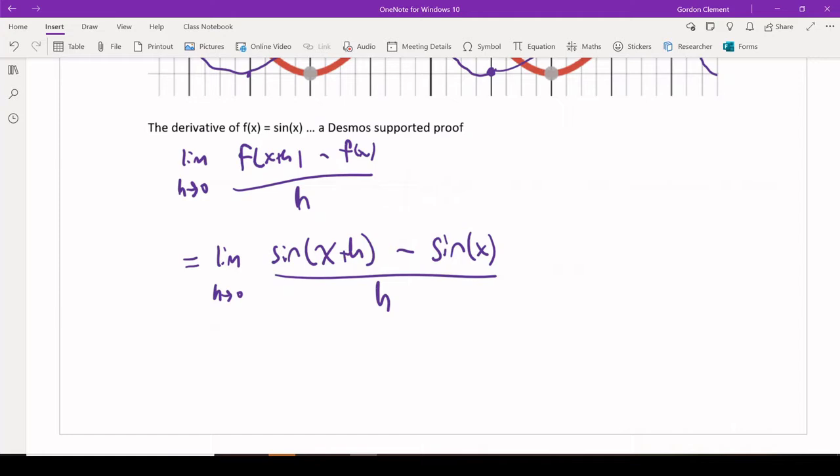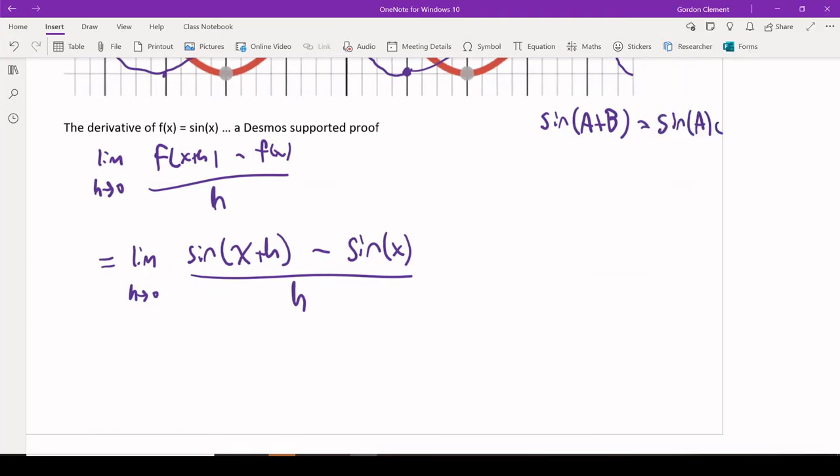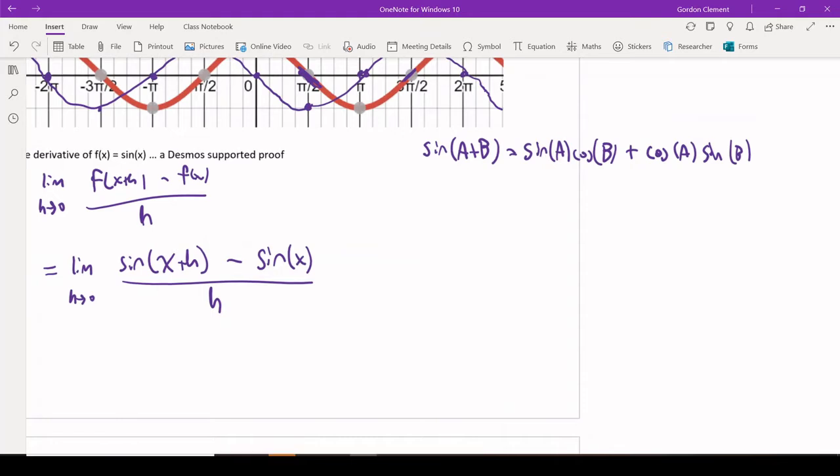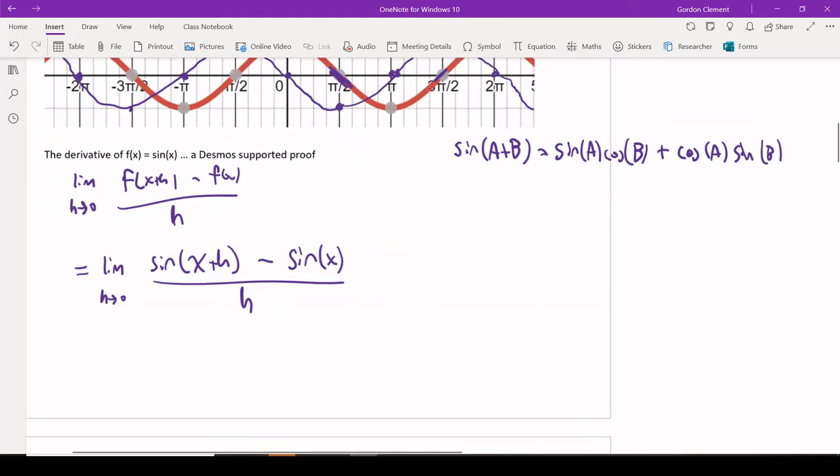And right away, I'm kind of stuck, but I see sine of x plus h. I remember we had a formula for that in advanced functions. Sine cos plus cos sine, I believe. My memorization from university is staying with me. Sine cos plus cos sine.